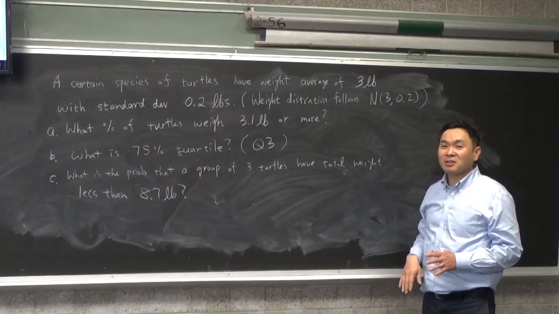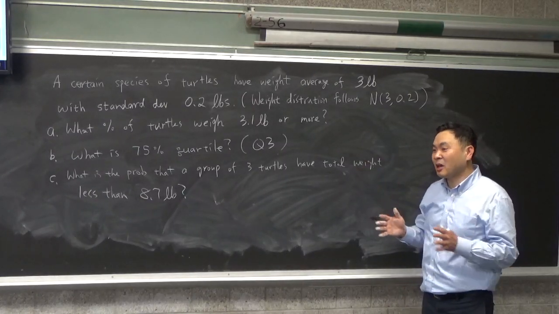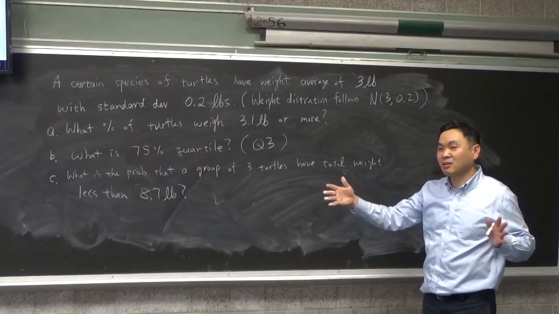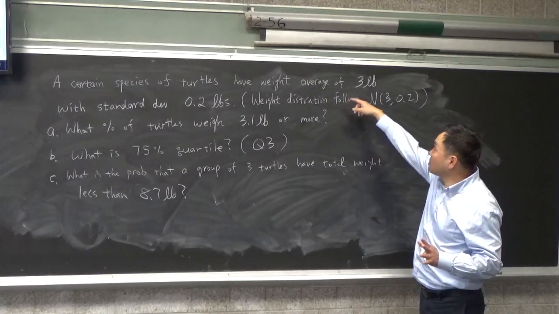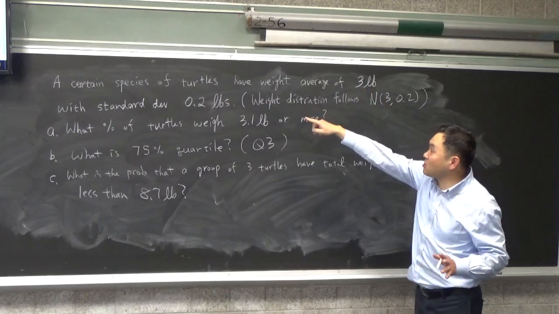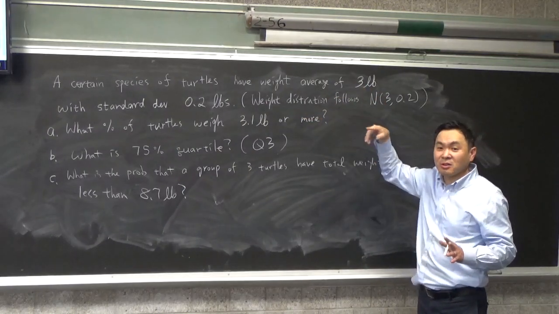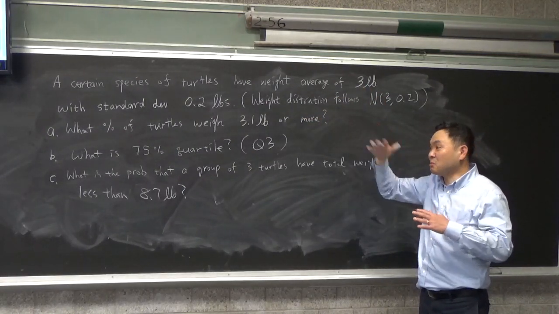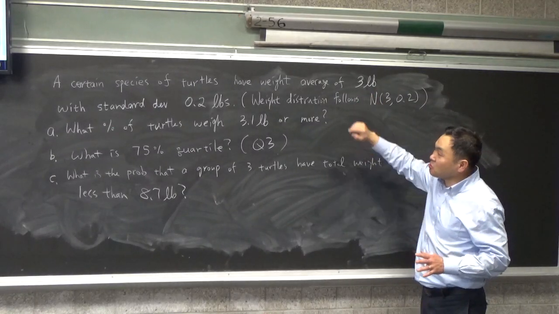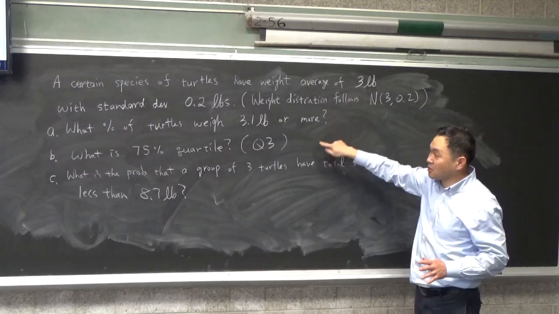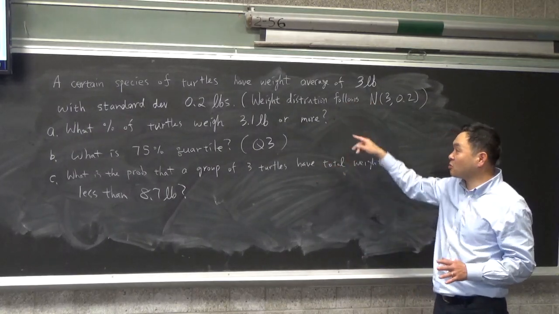It seems like there's a big difference between having the entire raw data published, and just having these 3 facts: average, standard deviation, and being normal. There seems to be a big gap, but if it follows the normal distribution, we can answer so many things like these. Let me try to do one by one.